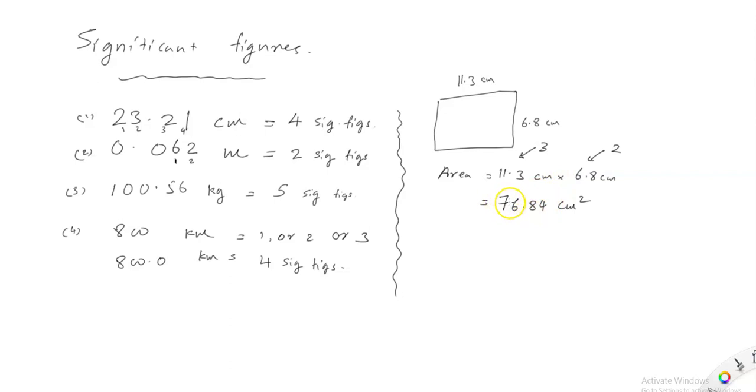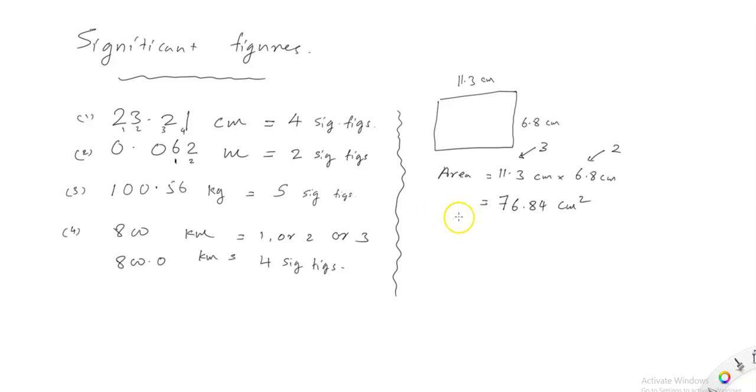Now for your calculations, what I want you to do is keep all the decimal points. When you're multiplying, dividing, subtracting, whatever you are doing with the calculator, keep all the decimal points. Only when you reach the final answer can you think about significant figures.